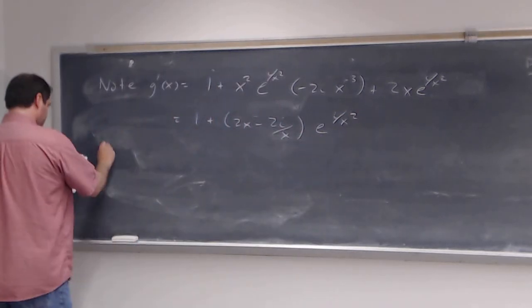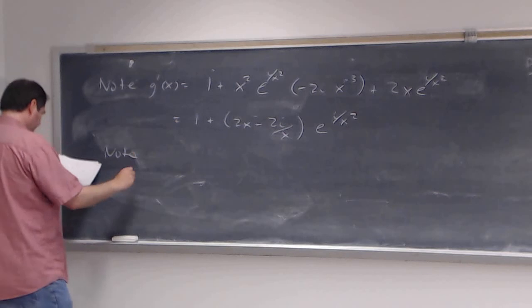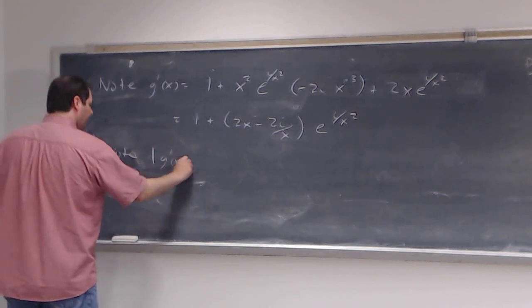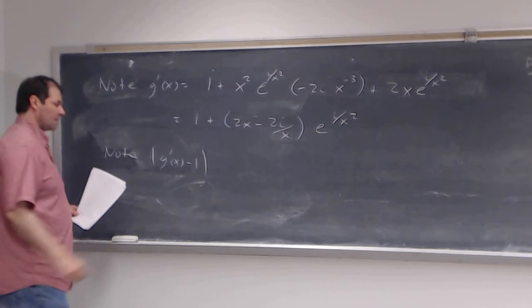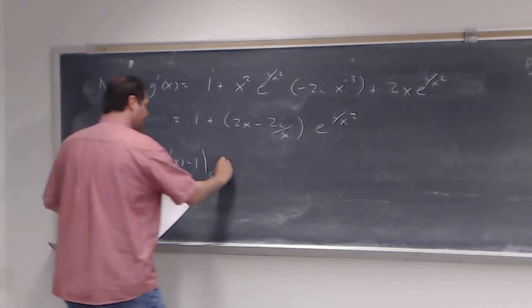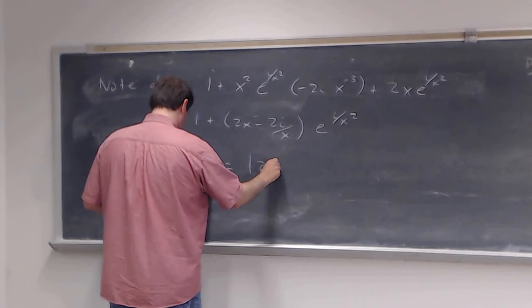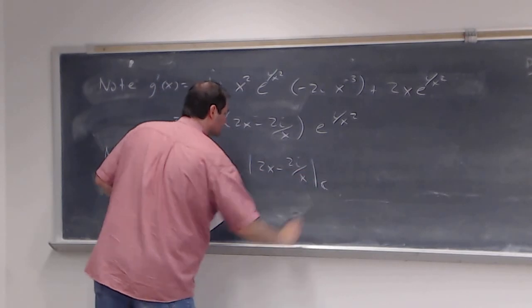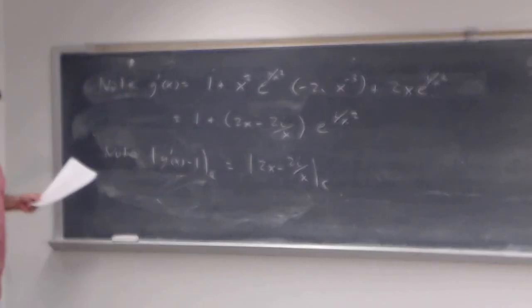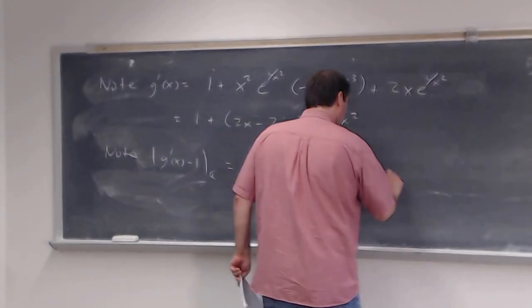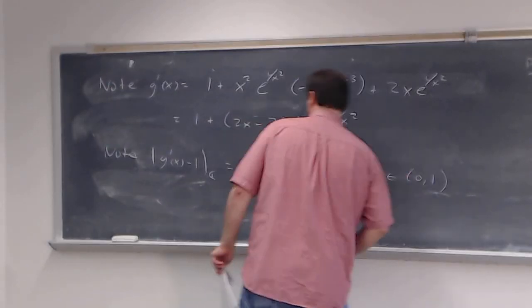Now, what we'll notice is that if you take g prime of x minus 1 and take the complex norm of that, it's going to be the same thing as the complex norm of 2x minus 2i over x, and that's true for all x in (0, 1).